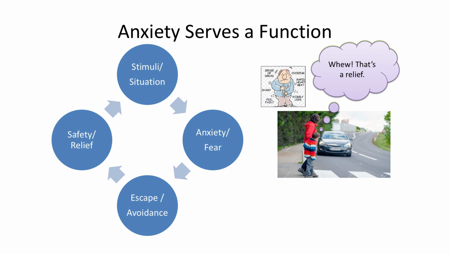His stomach tightens up, his heart starts racing, he starts sweating, and he has this thought, there's a car coming, I'm scared I might get hit. So, naturally he jumps back away from the curb and feels much better. He's relieved, his body's relaxed. Great, that worked. Next time he's in that situation, most likely he's gonna do the same thing again, right? This worked really well. I saw the car, I jumped back, it was good.